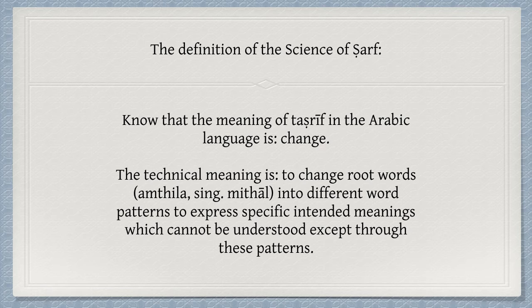So you have a root word, and you can develop and alter them into different forms by knowing what type of word it is, what type of letters it has. Does it have strong letters, or does it have weak letters? And if it has weak letters, how are you going to change it into one form or another? And so why would you do this? To express specific intended meanings.